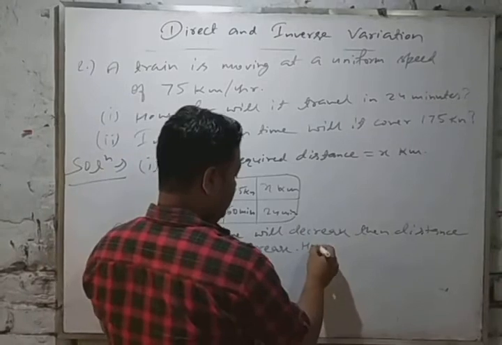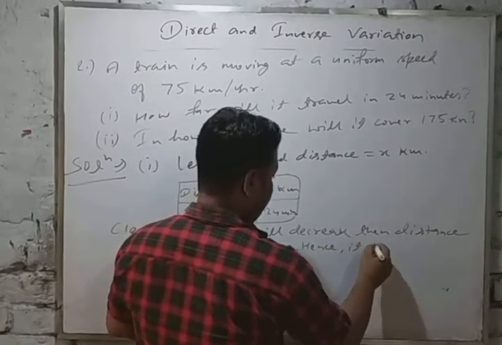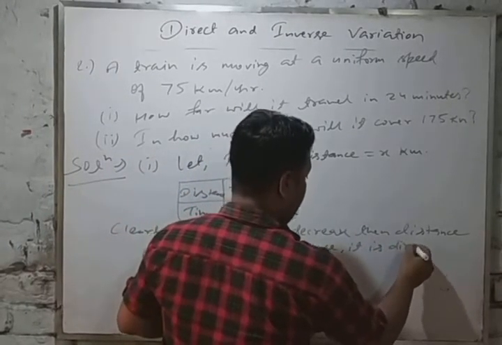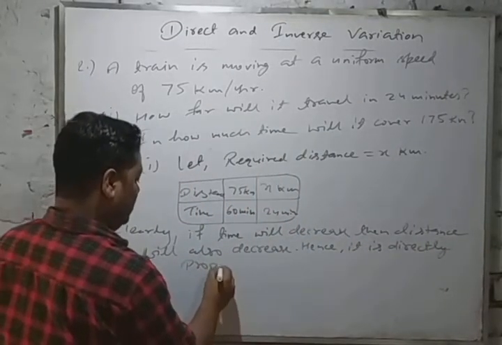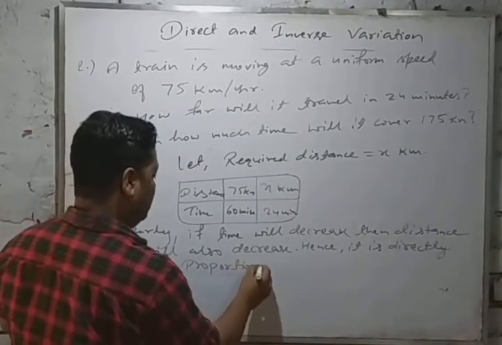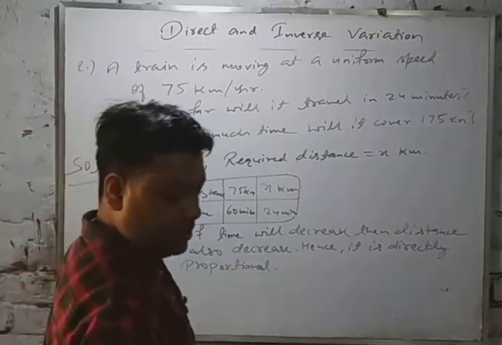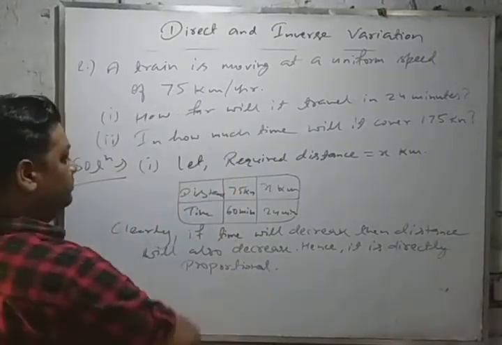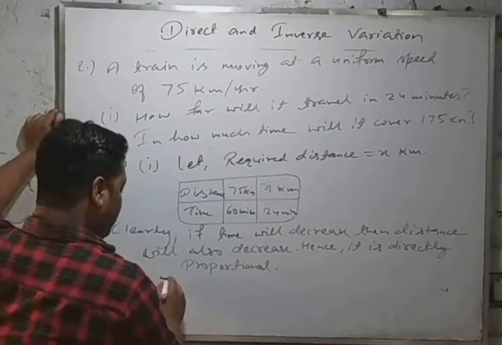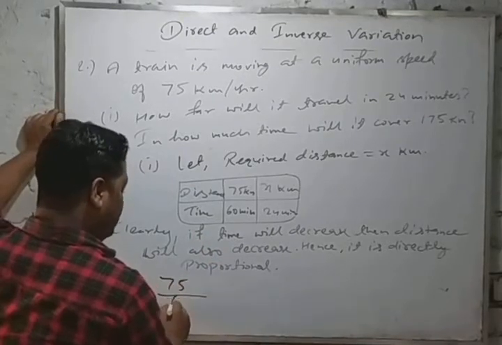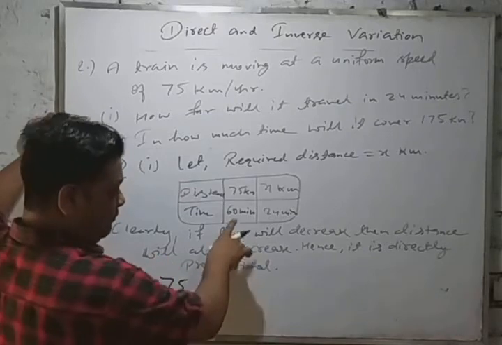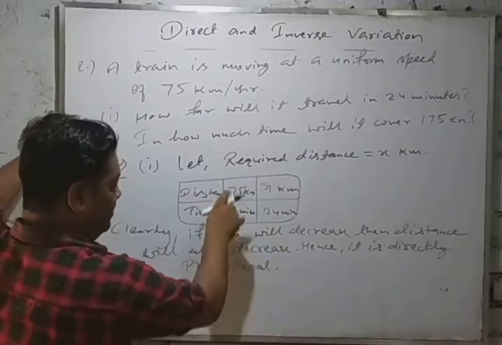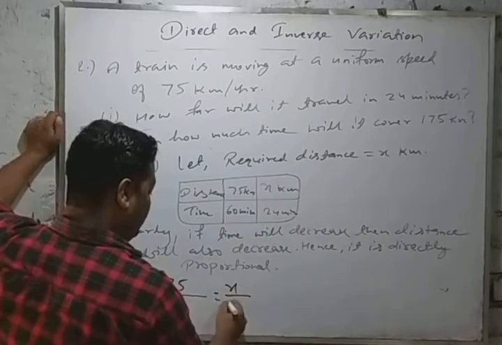Hence it is directly proportional. Okay, so we will solve it by the direct method, 75 by 60, and we have to check whether the units are the same or not. We have changed them, that's why 75 by 60 equals x by 24.